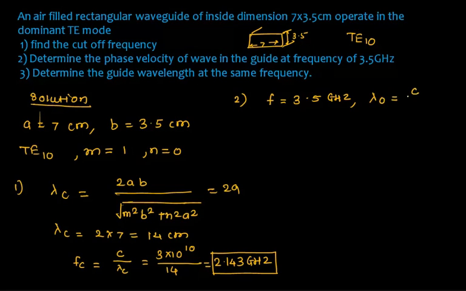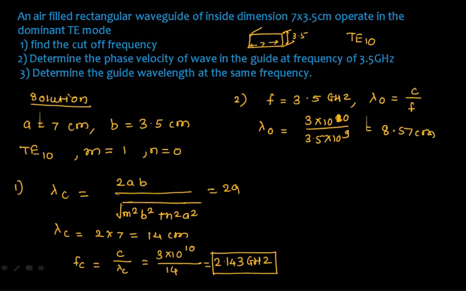That is C by F. So lambda 0 will be 3 into 10 raised to 8 divided by, since you're interested in centimeters, do it in 10, and 3.5 into 10 raised to 9. If you divide this, whatever you get is 8.57 centimeter. So here you have got lambda 0.